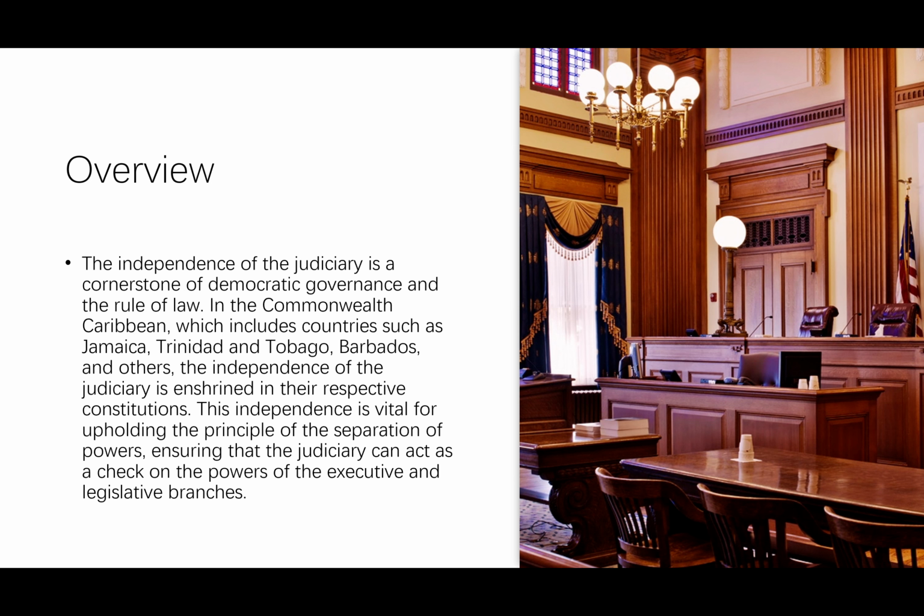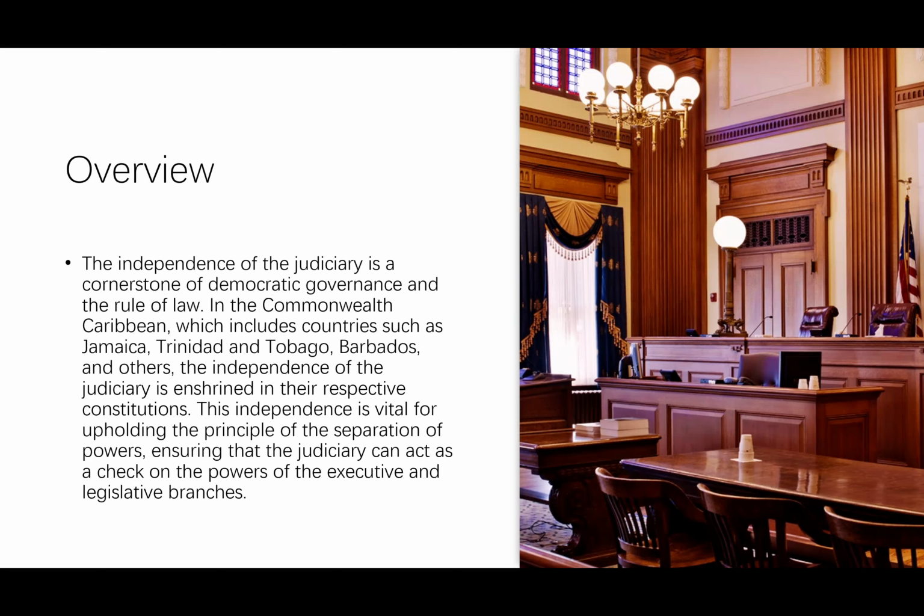It does this by making sure that members of the judiciary are appointed through specific processes, and their payment is enshrined within the constitution, so that no system can control the judges. We're trying to make sure they have some independence so they can exert their power in making sure the executive and legislative branches don't overstep.